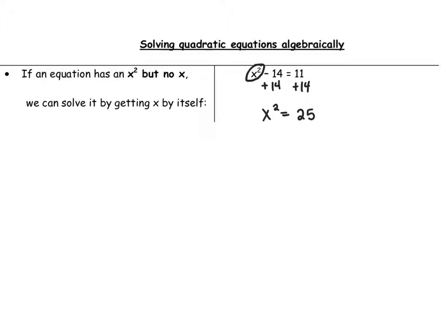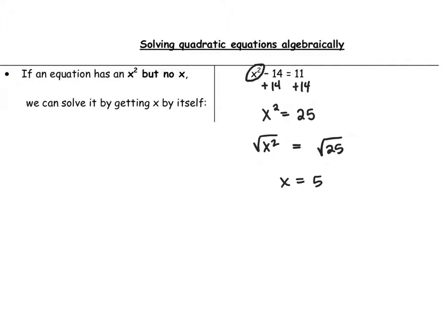Now, when I undo a square, I square root. Here's the tricky thing. If you're solving for x squared using a square root, you have to be careful about a plus or minus. And here's why. So let's say I take the square root of x squared, square root of 25. Most of us, when we look at that, would just go x equals 5.